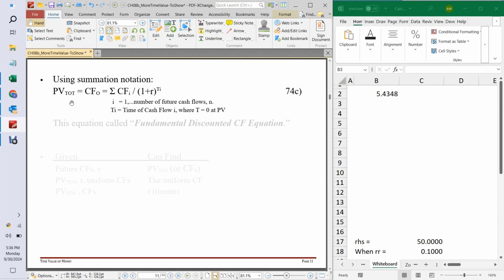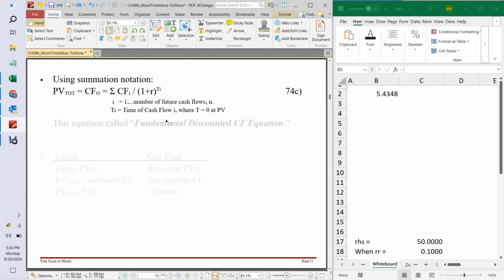So to say this with summation notation, we'd say the present value of a bunch of future cash flows, which we'll call CF0, is just equal to the sum of every future cash flow individually discounted back to t equals 0 and then added up. So that's what this is telling us. i is equal to 1 to the number of cash flows n. So we're going to do this with every future cash flow from 1 to n.